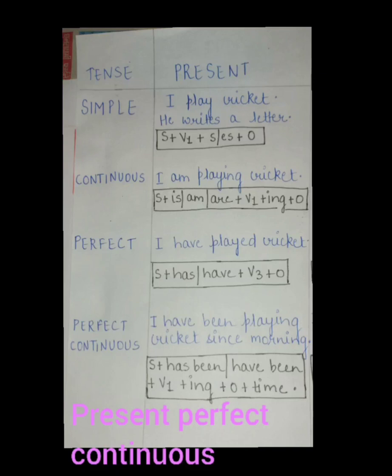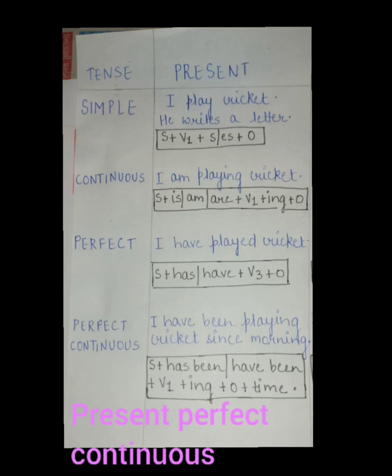So students, here we will be using since and for as a time. Since morning, for 2 hours. Okay, like this. If I say, I have been playing cricket for 2 hours or since morning. So this is time. This has been added extra.